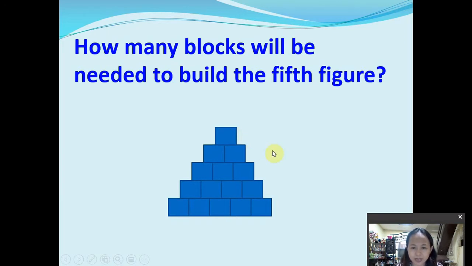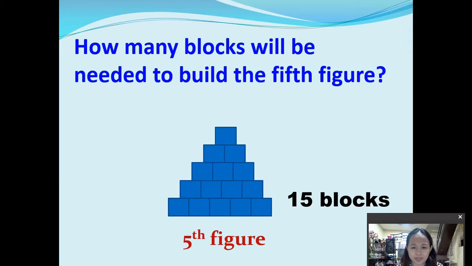So for this figure, how many blocks are there in all? So we have 15 blocks. So this is our fifth figure. Let's try to count. We have 1, 2, 3, 4, 5, 6, 7, 8, 9, 10, 11, 12, 13, 14, 15. So we have 15 blocks for the fifth figure.